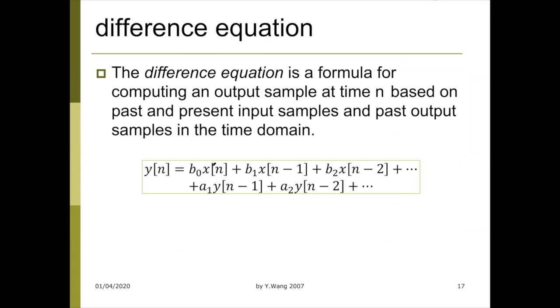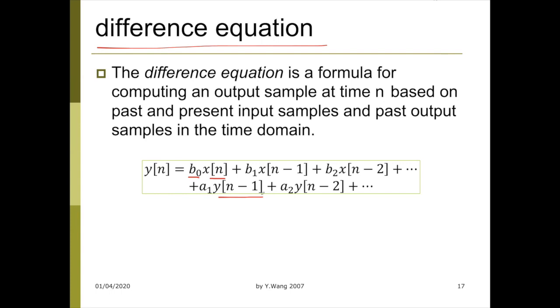There are different ways to express a digital filter. The way we have talked about so far is called a difference equation. This is a difference equation, which uses very straightforward symbols x and y to represent previous signals.